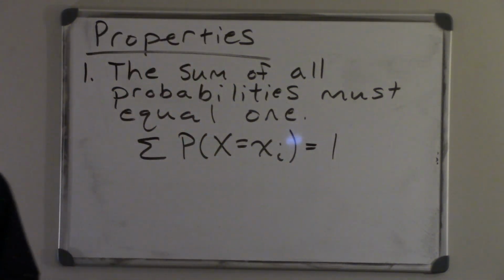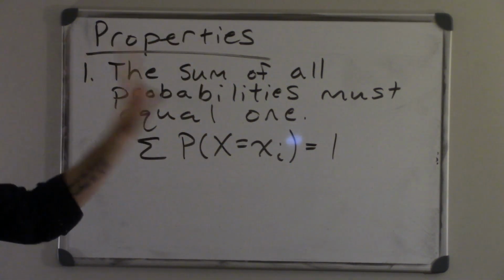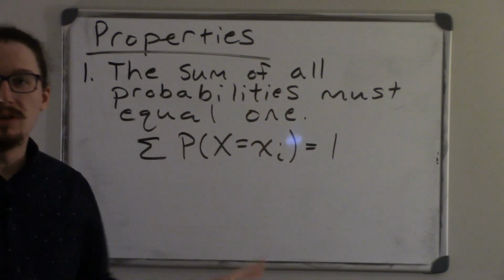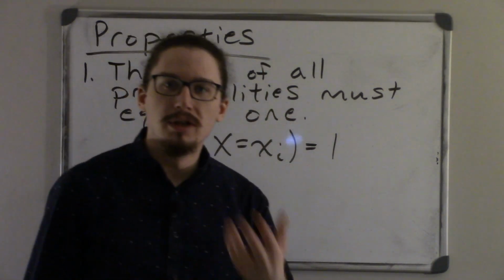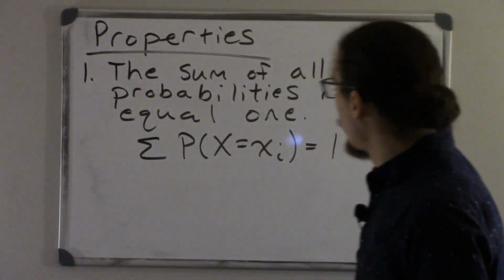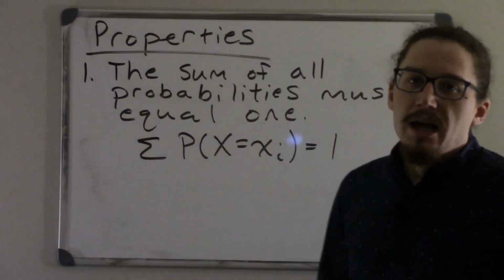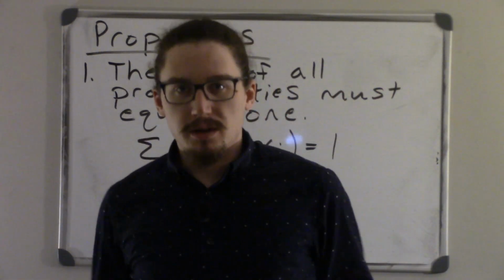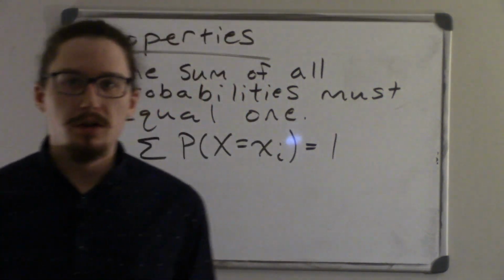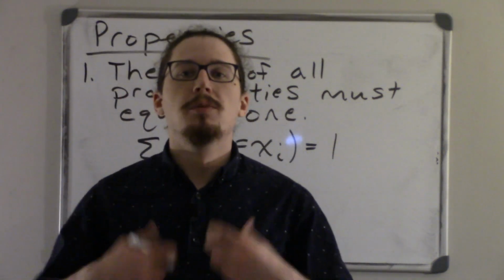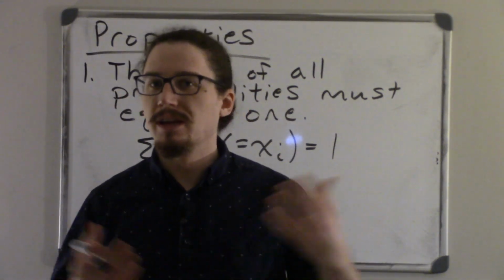Of course, just like the last time we said something like this when we were looking at those laws of probability, this isn't just any random probabilities that have to add up to 1, but the probabilities for a specific kind of thing.